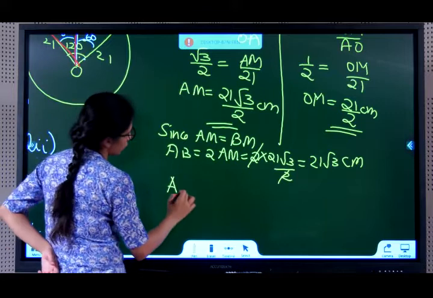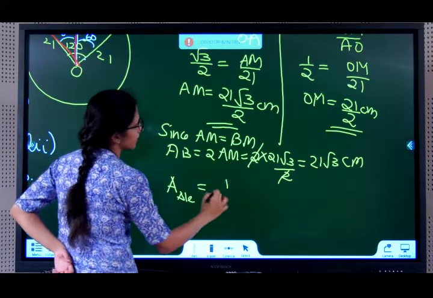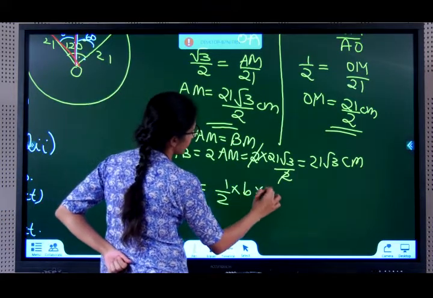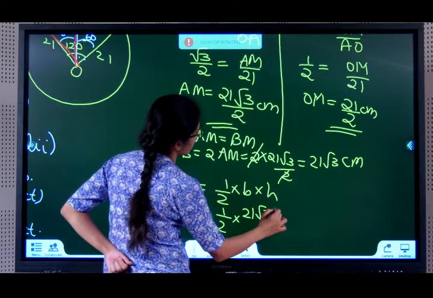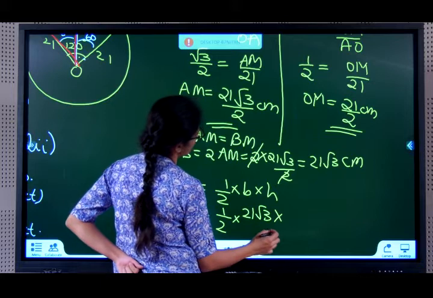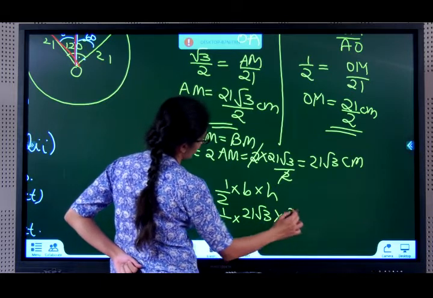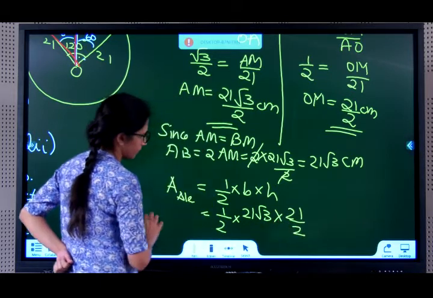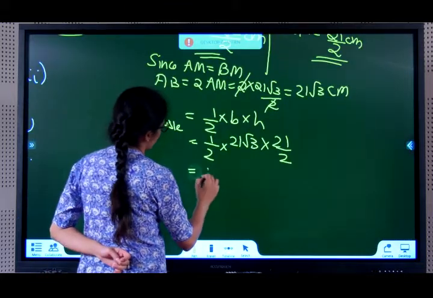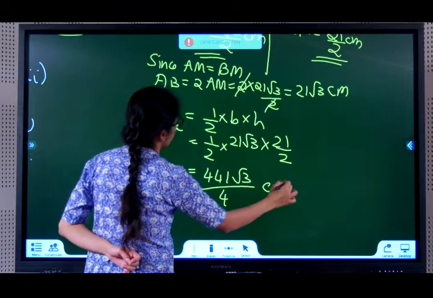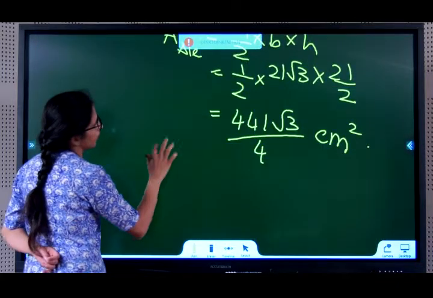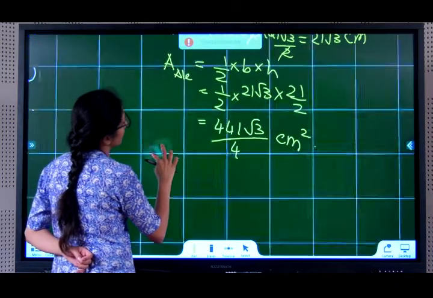Yes, we can. The area of the triangle is half into base into height. Base is AB, 21 root 3, and the height we found is OM, 21 by 2. We get 441 root 3 by 4 centimeters square. This is the area of the triangle. Is the problem over? No.